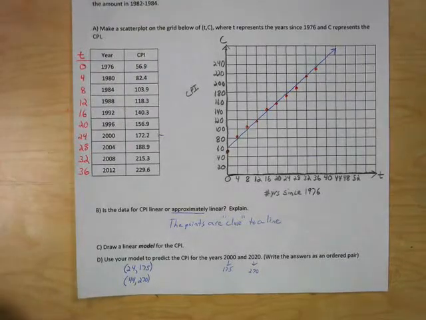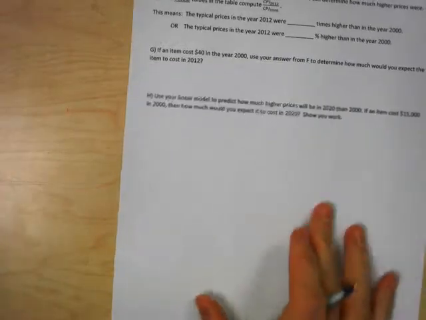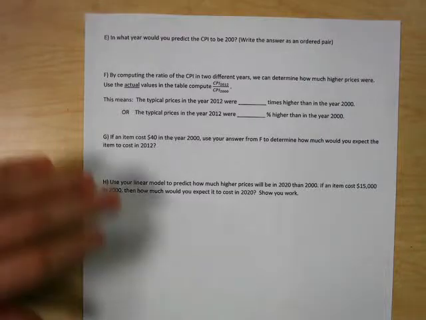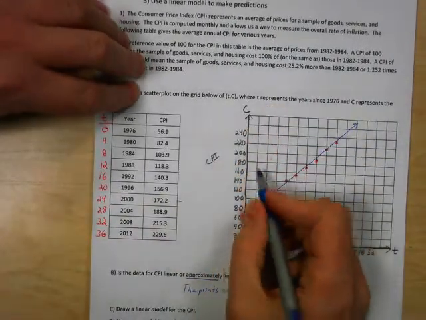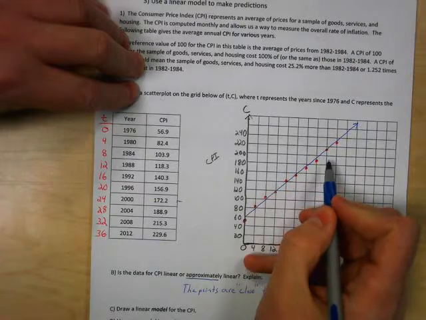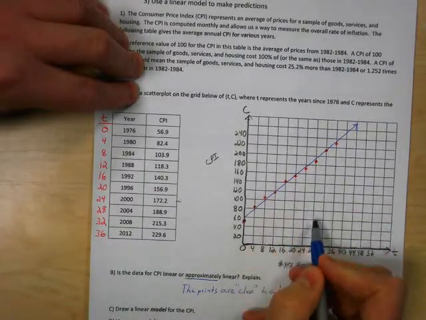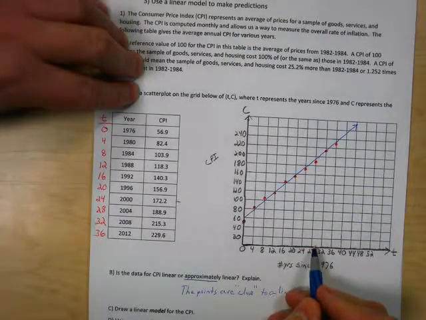Okay, we go to the next page. In part E, it asks: in what year would you predict the CPI to be 200? Write the answer as an ordered pair. The CPI being 200 is on the vertical axis, and we're going to have to flip back and forth here. We look for 200 on the vertical axis, and it looks like we hit the line, our model, right about here. If we go straight down, it looks like we're at maybe 29 or 30. I'm going to say about 29.